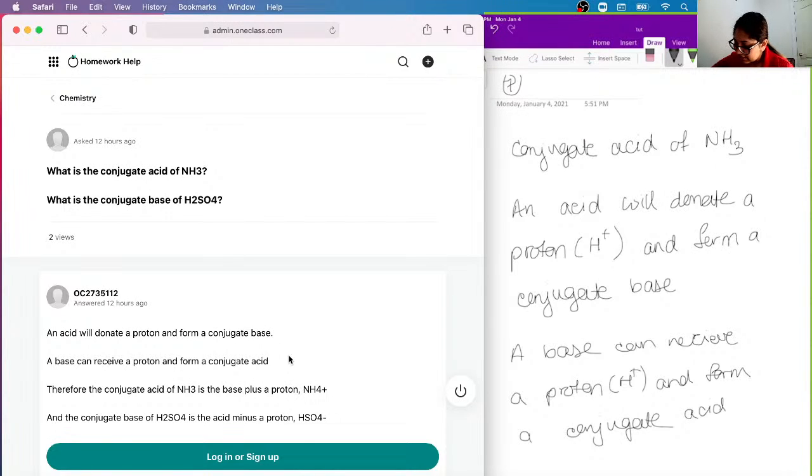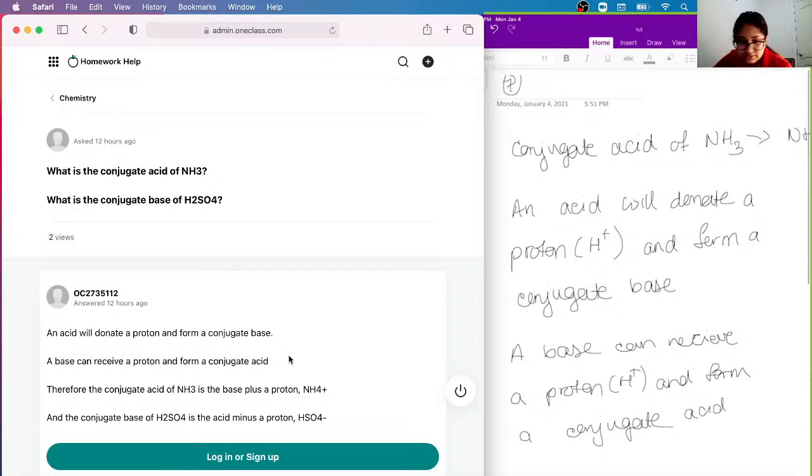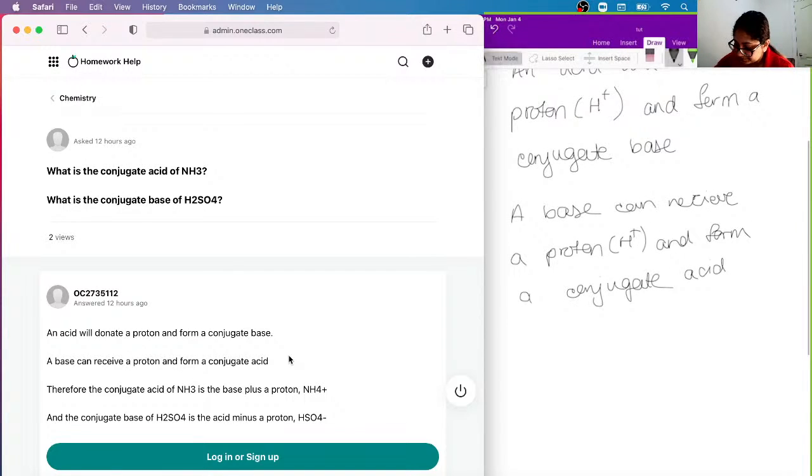So the conjugate acid of NH3, you just have to add a proton, would be NH4 plus, since you added it. And now the conjugate base of H2SO4.